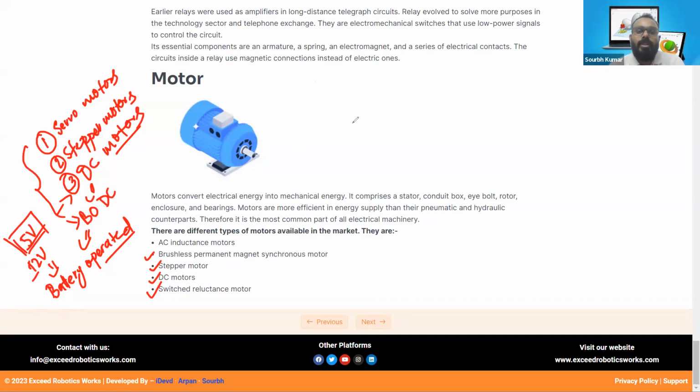Apart from that, in our last session we are going to explore the further possibility of the BLDC motor as well. BLDC motor is nothing but a brushless DC motor, and I will give a complete theory on those things in our practical project session.